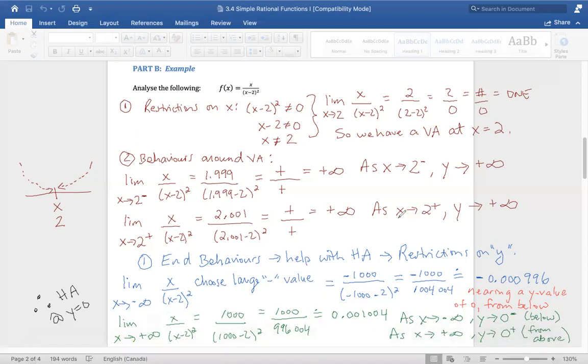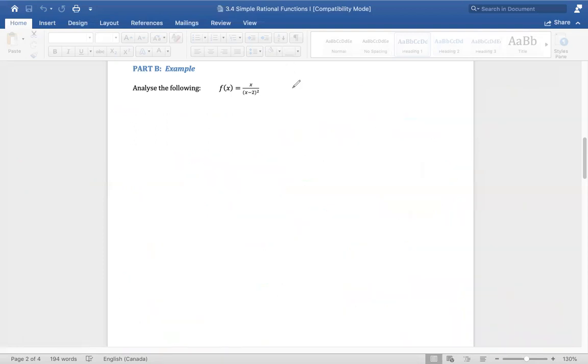So the next step, number 3, is to get my intercepts. To get your x-intercept, I'm going to let y equal 0.